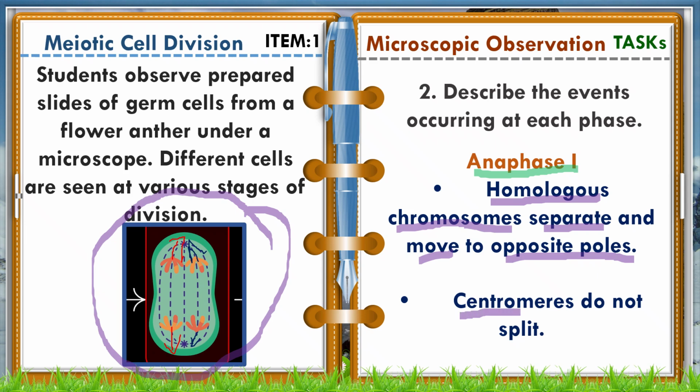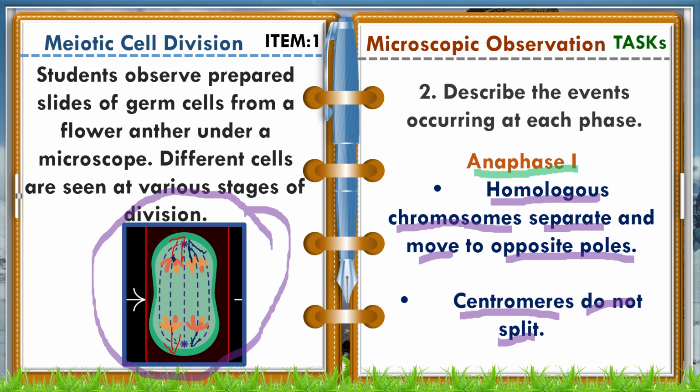Then the centromere does not split. Where is the centromere? The centromere is on a chromosome. And a chromosome has got what we call sister chromatids. And those sister chromatids are attached at a point we call the centromere. And where is that point?